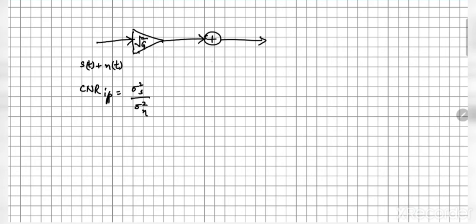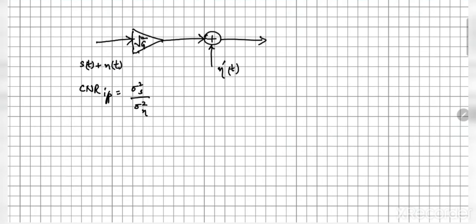But as we just discussed, each component adds some additional noise into the signal, and we let this noise be denoted as eta dash of t. So that we can write that the signal here at the output will be equal to under root G times S of t plus under root G times eta of t plus eta dash of t.